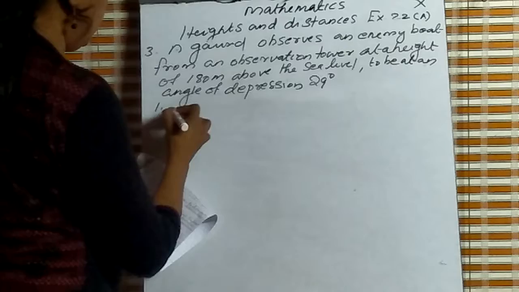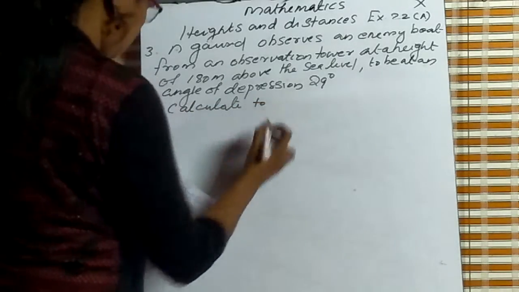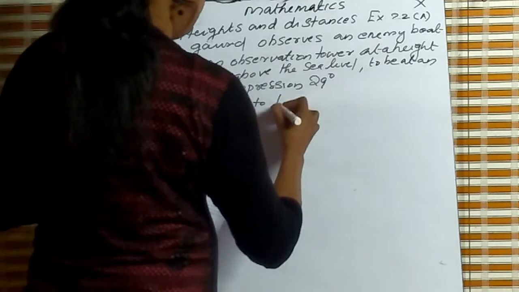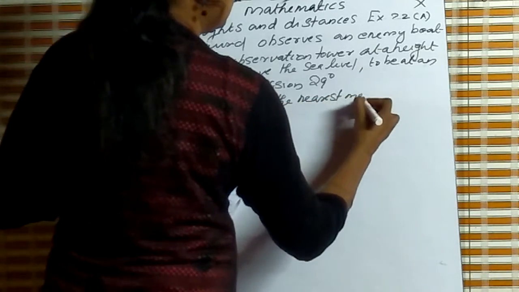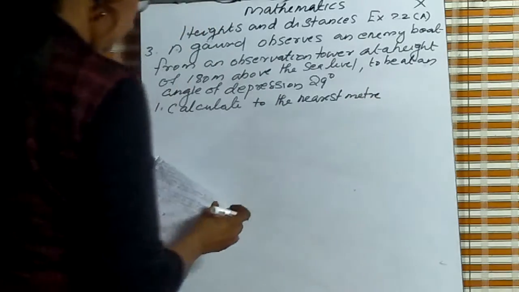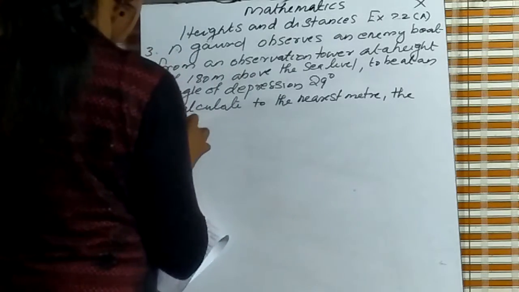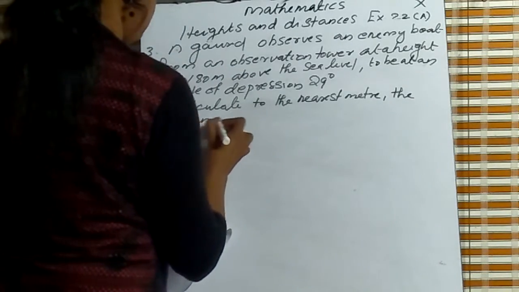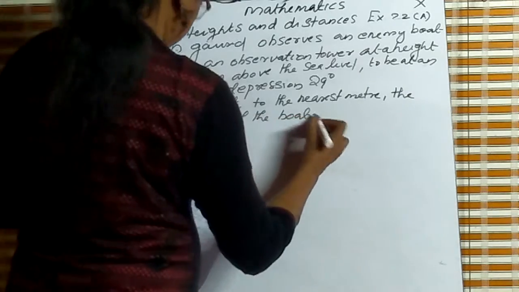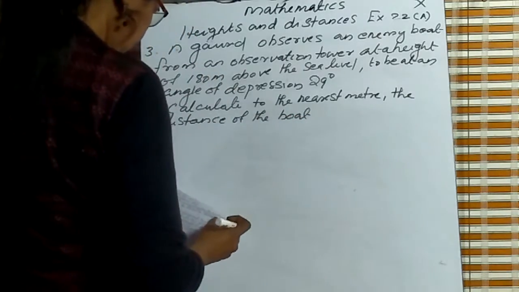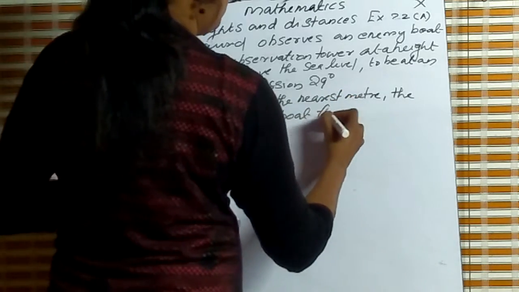One, calculate to the nearest meter the distance of the boat from the foot of the observation tower.